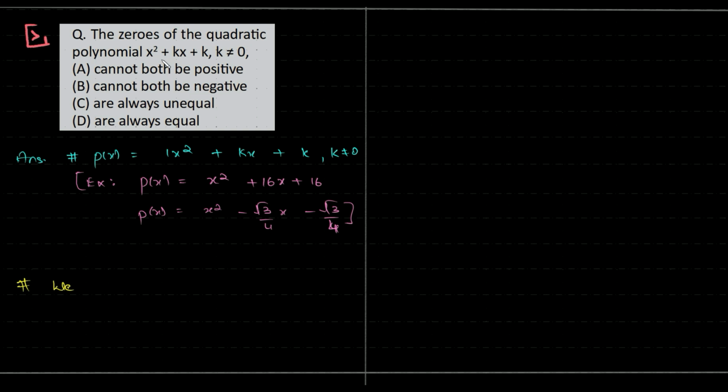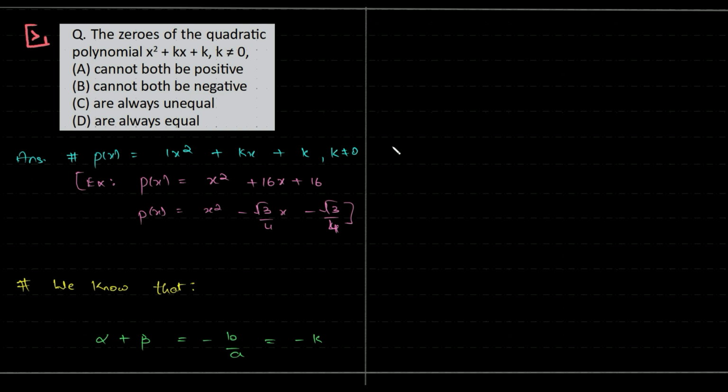We know that alpha plus beta is minus b by a, which is minus k, right? b is plus k.